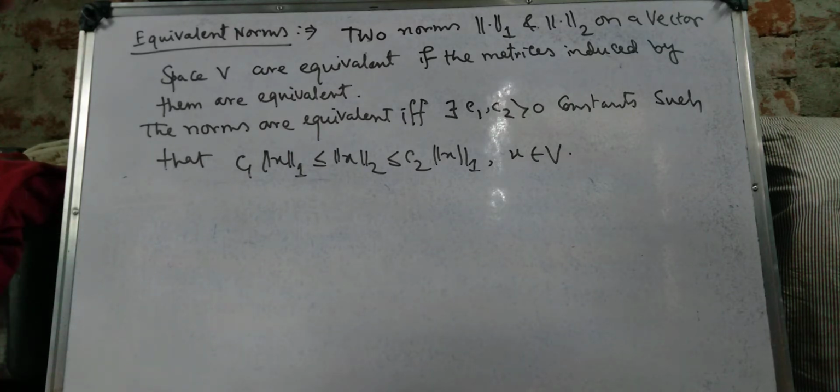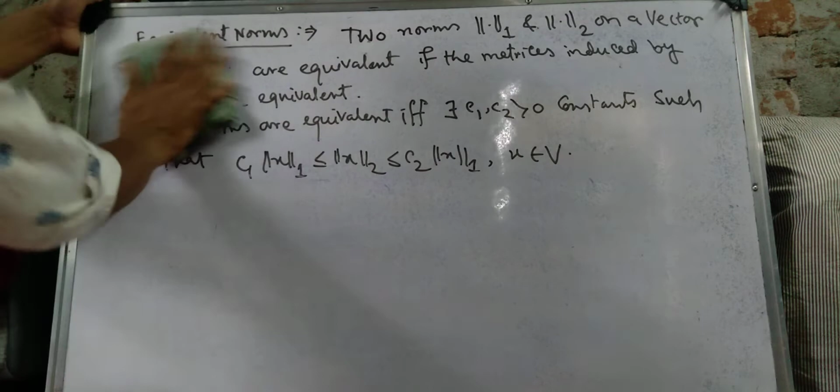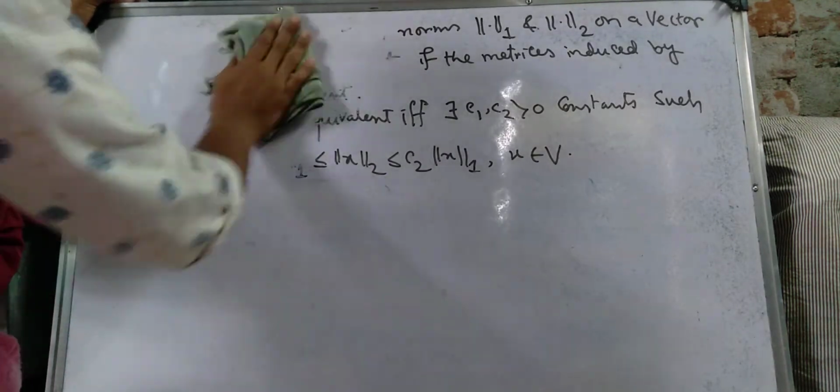We show that the norms norm 1, norm 2, norm infinity on Rn are equivalent.